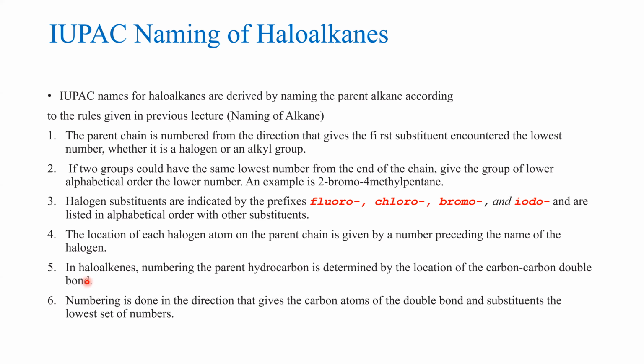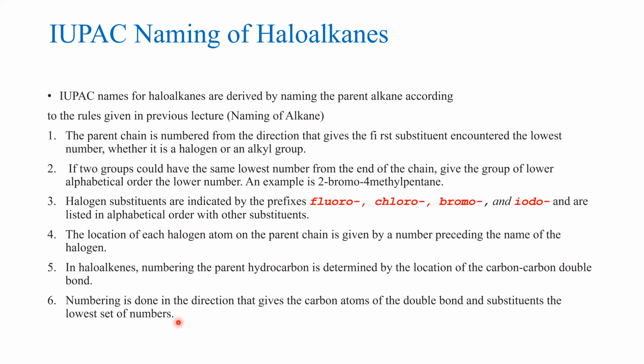Then you will consider the halogen position, right? If there is a position where you can assign the halogen and the double bond the lowest number, that is the more preferred, and that is the best and right way to number the carbon chain. The sixth one is that the numbering is done in the direction that gives the carbon atoms of the double bond and substituents the lowest set of numbers, right?